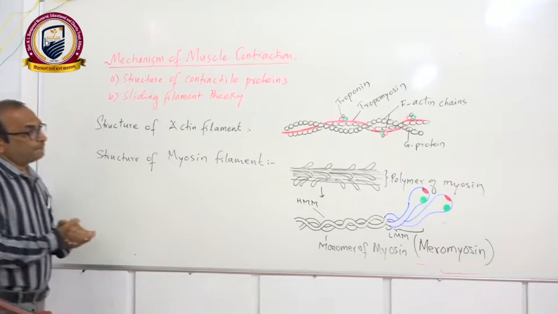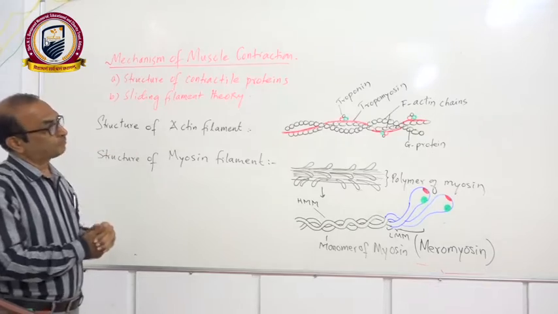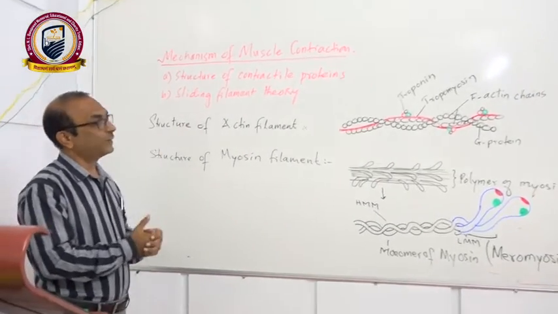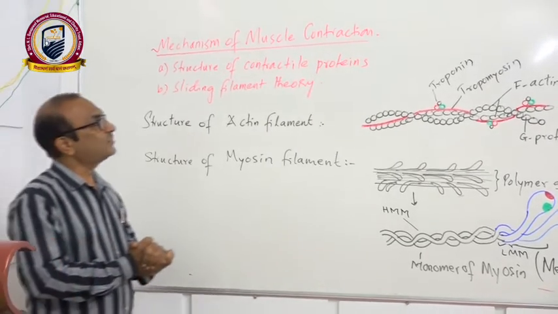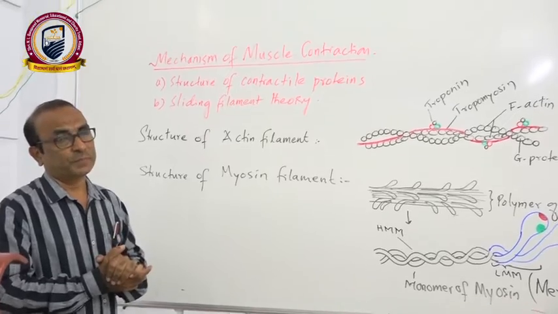So today we'll first take up the structure of the contractile proteins, and then the sliding filament theory. That means today we are talking about the mechanism of muscle contraction, how the muscle contracts.